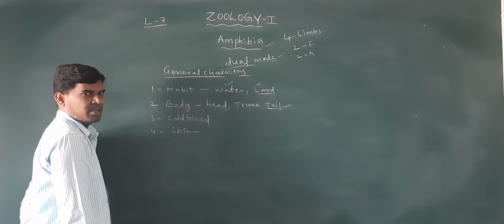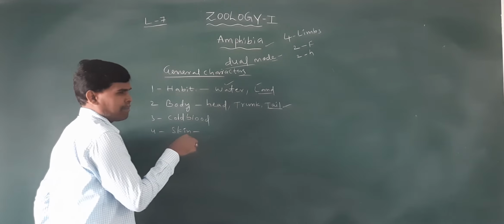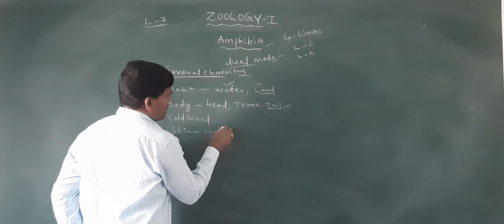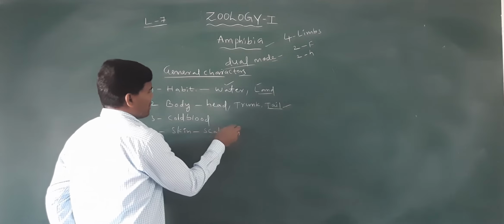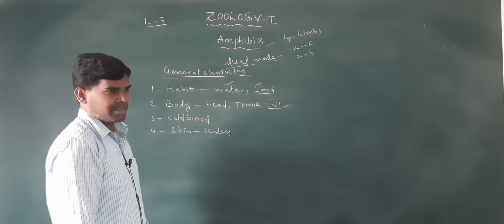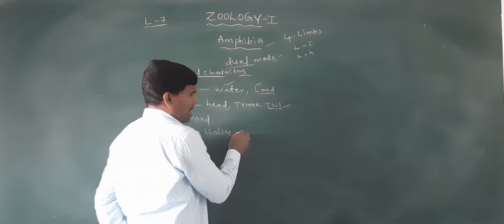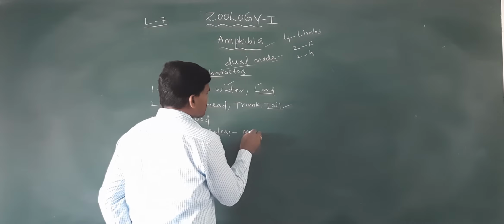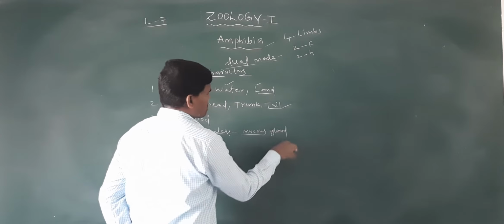Fishes, whose exoskeleton is made of scales. Amphibians are scaleless, with smooth, slimy or milky skin, and multicellular mucus glands are present in the skin.